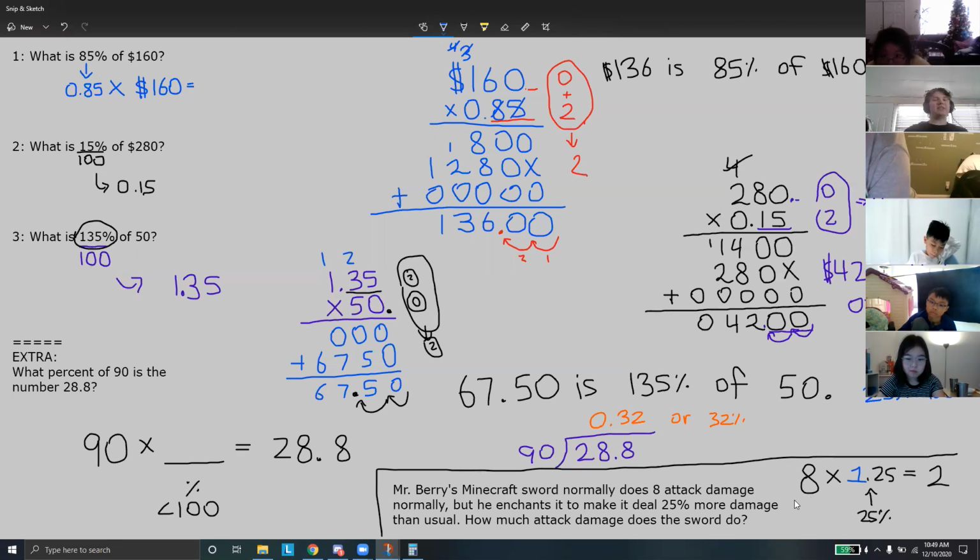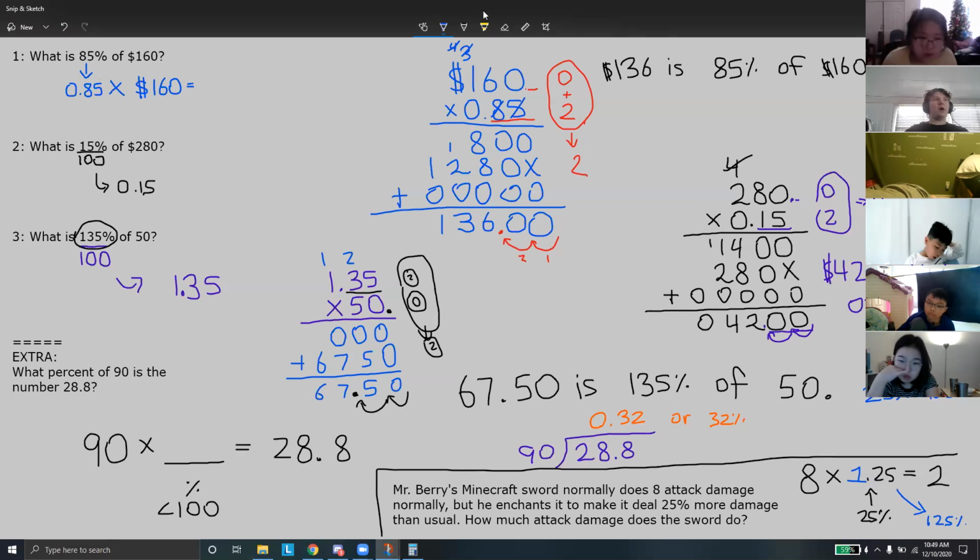If my sword is dealing 100% damage, that is all of its damage. So 100% of 8 is 8. For me to find 125%, I would do 8 times 1.25. And so 1.25 is 125%.